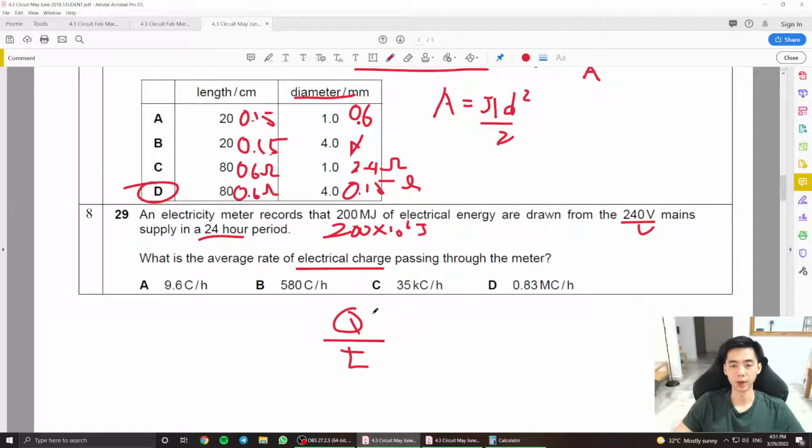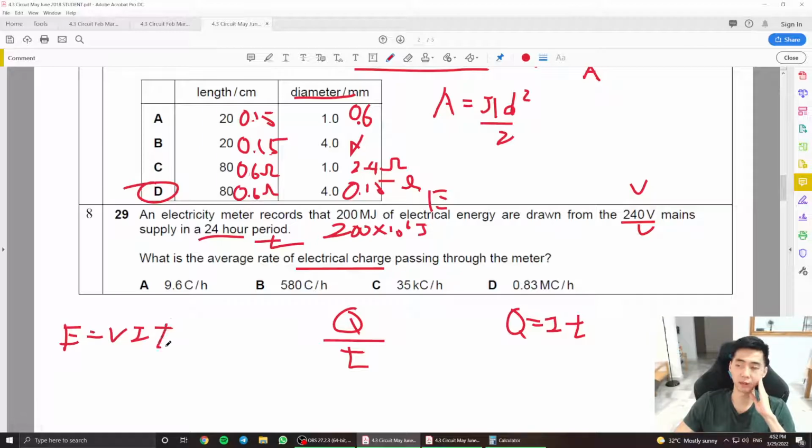I'm supposed to find the charge first, right? In order to find the charge, I'll need Q equals IT, right? So I don't think I have I here. I have E, I have V, I have T. Oh, I can use the E equals VIT formula.